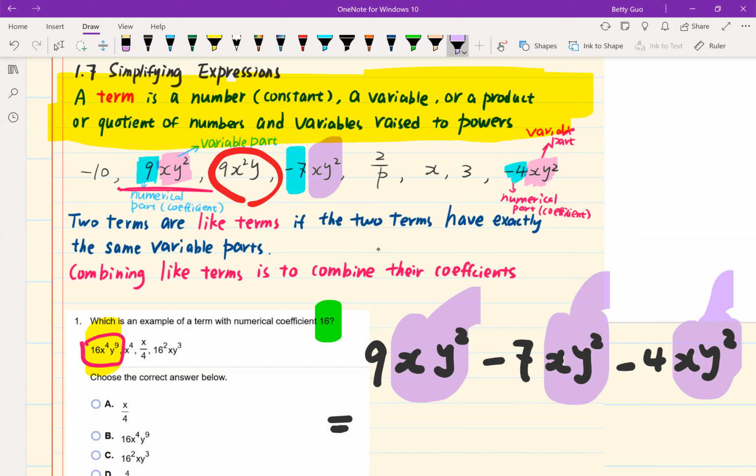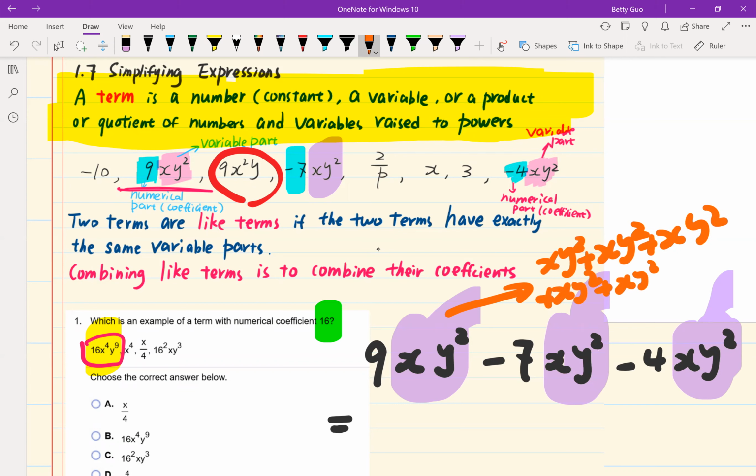So basically, 9xy squared, that actually is 1, 2, 3, 4, 5, 6, 7, 8, 9. Do you see what I'm talking about? 9xy squared means you have 9 of those. You have 9 apples over there.